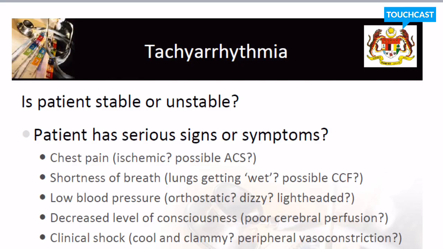You ask for level of consciousness, time, place, person, whether there is any altered mental problem. Then you go downwards and ask for chest pain, shortness of breath, and then you measure the blood pressure, and assess the peripheries to look for clinical shock.